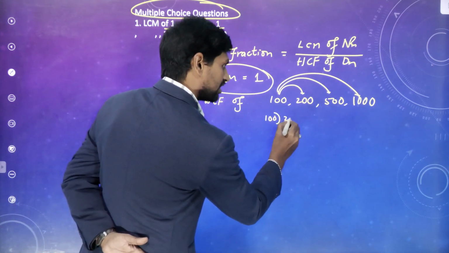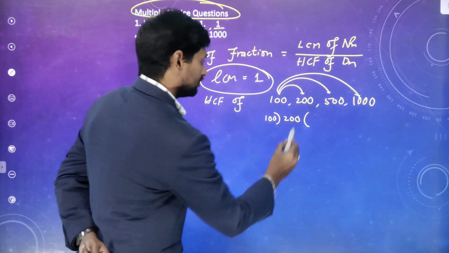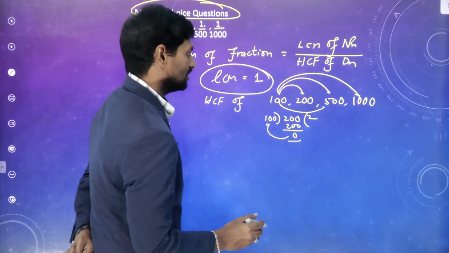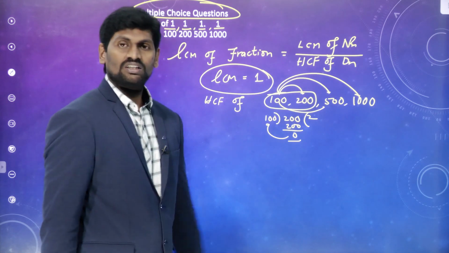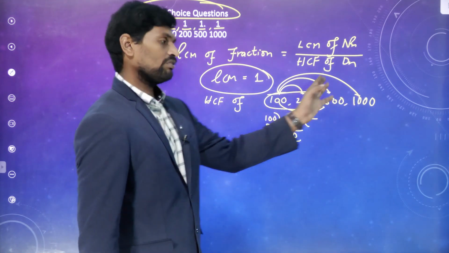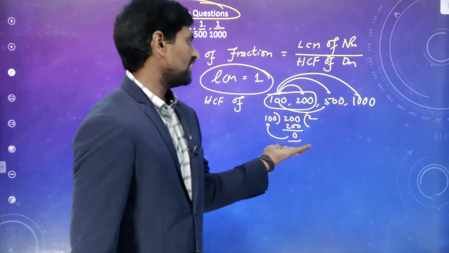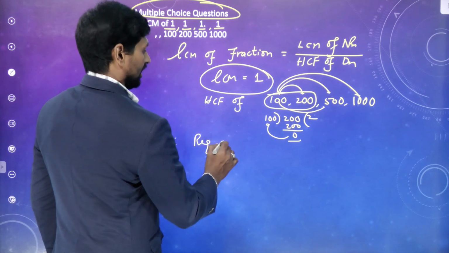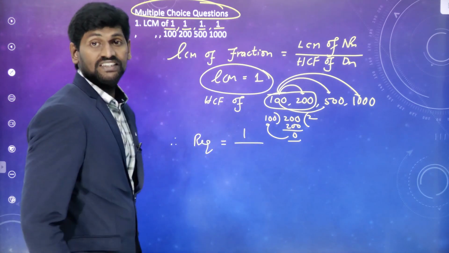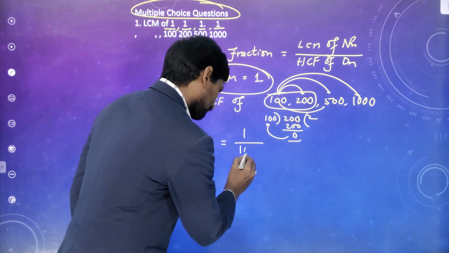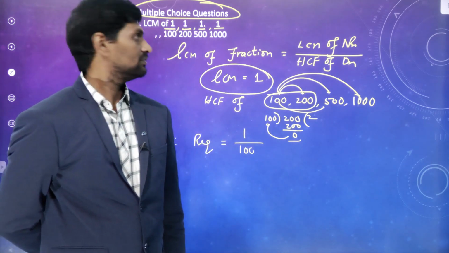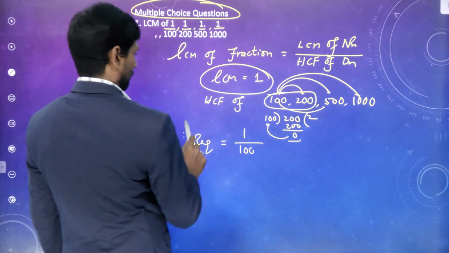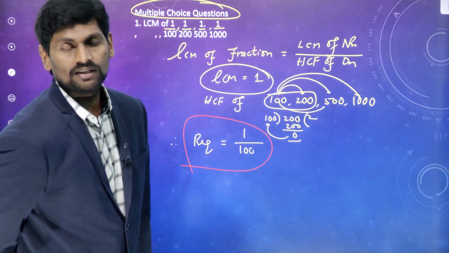First 200, in the 100 table how many times? Yes, HCF is 100. Again 100 and 500, 100 will be the HCF. Again with 1000, 100 will be the HCF. Therefore, the required answer is LCM of numerators 1 by HCF of denominators 100. So our answer is 1 by 100.